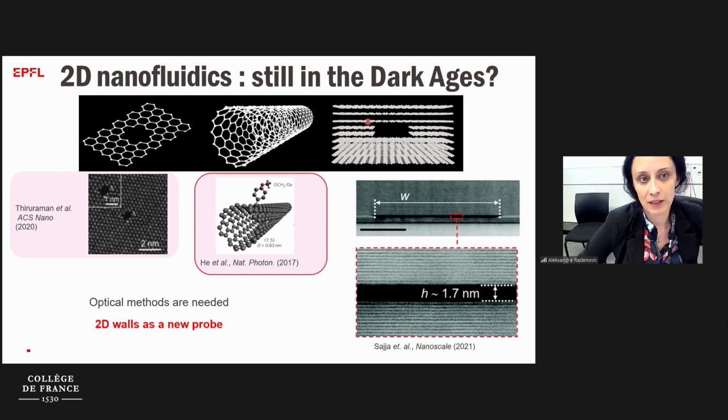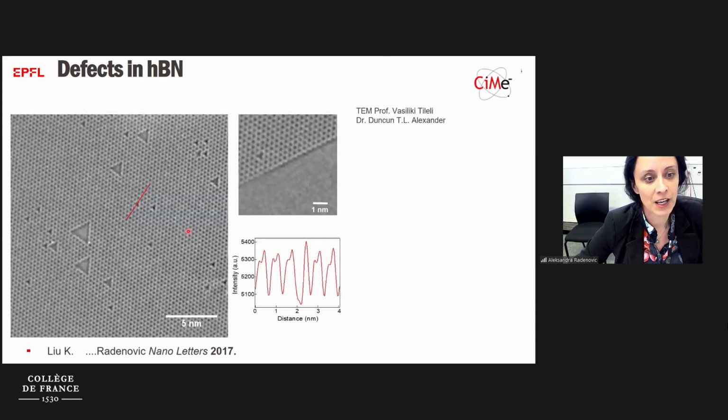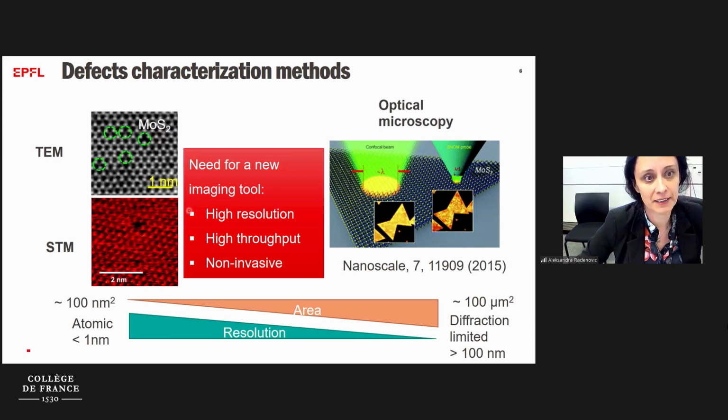We came across hexagonal boron nitride using electron microscopy imaging, observing for the first time these defects in the context of using hexagonal boron nitride for nanopore sensing. But very quickly, we saw that we could use optical methods to also probe these defects and bridge the gap between transmission electron microscopy and optical microscopy using super-resolution microscopy.